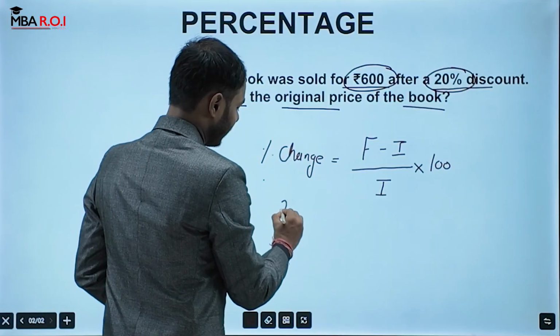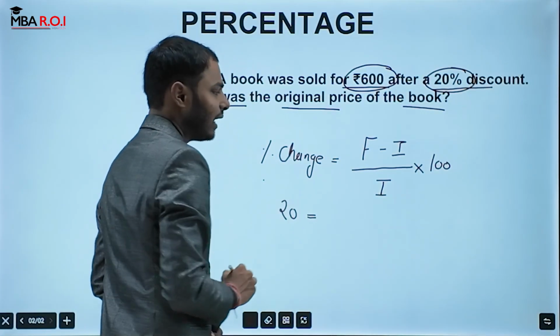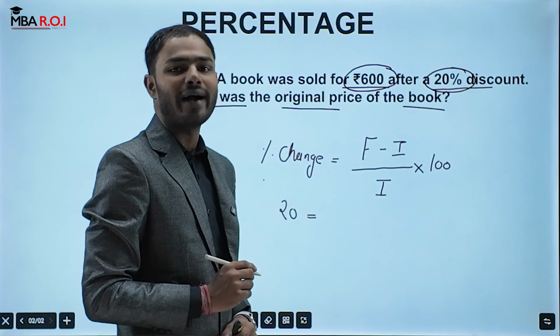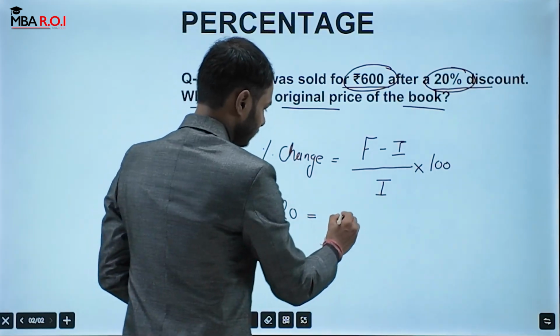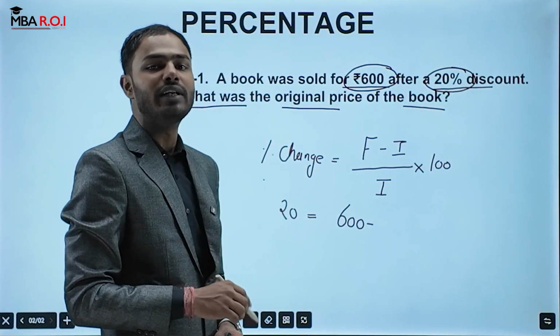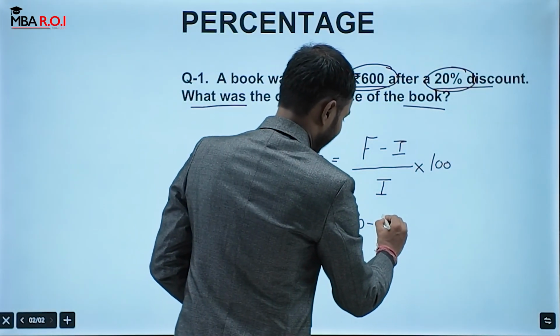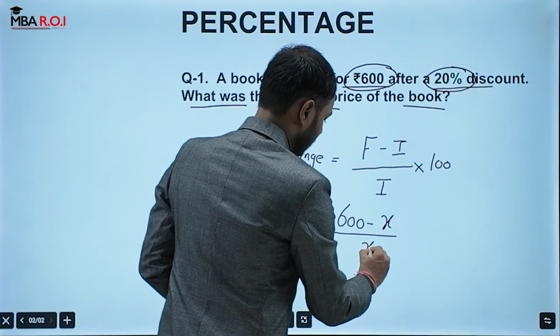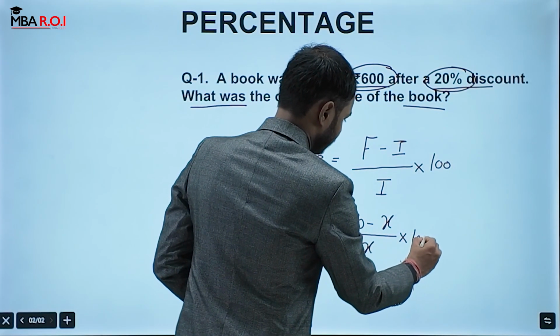So we are going to write 20 here. Now, we know that the final price is 600, minus initial price, which is something that we need to find out. So we will write initial price to be x, divided by x into 100.